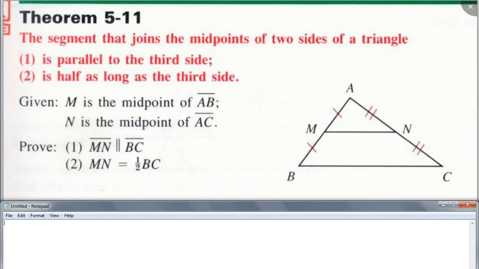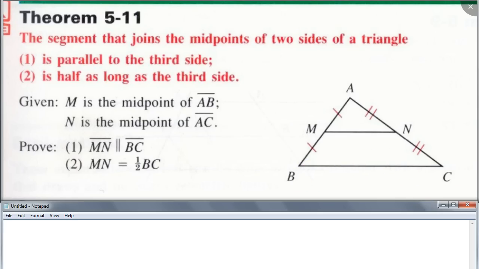Do you guys remember this one, where if you have a triangle, and then MN, by the way, is this MN a median of this triangle? No, it's not. Be careful. It basically connects the midpoints of each side. Then what do we know? MN is parallel to BC, and MN is half of BC.